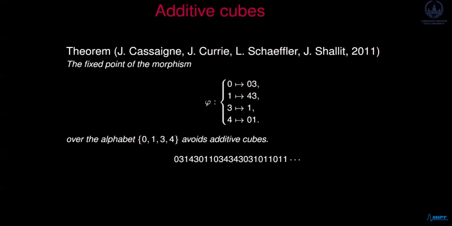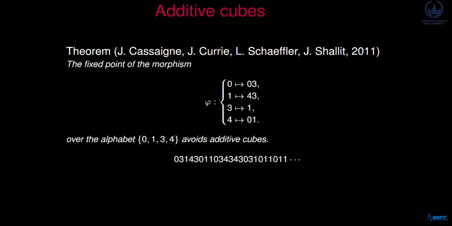In this slide, we examine the result from 2011 by Cassaigne, Currie, Schaeffer, and Shallit, where they proved a fascinating theorem about additive cubes. They demonstrated that the fixed point of a particular morphism avoids additive cubes over the alphabet 0, 1, 3, 4.